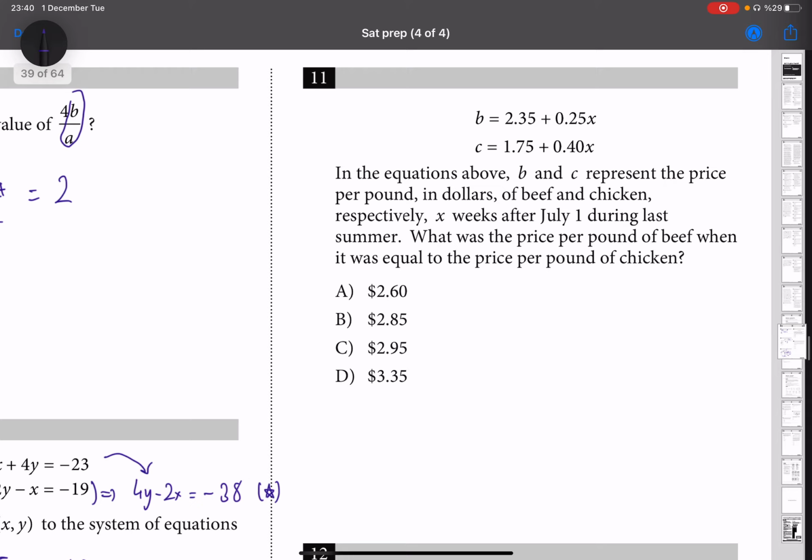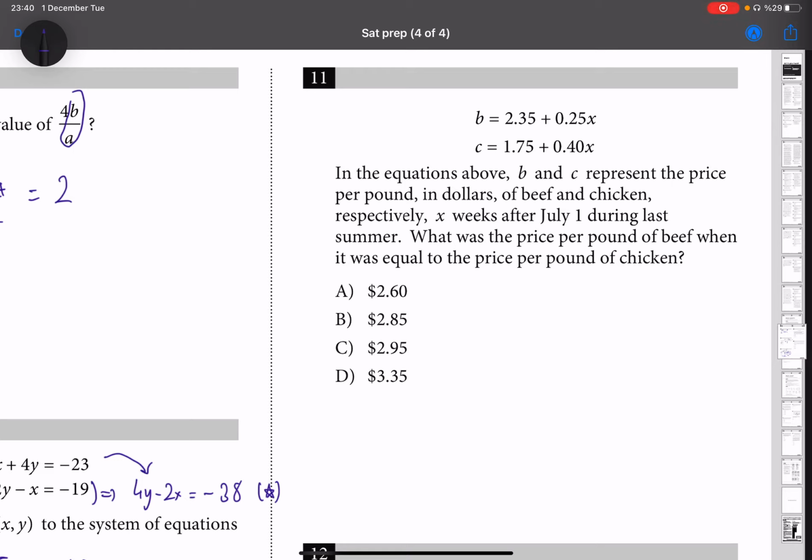Next question. In the equations above, B and C represent the price per pound in dollars of beef and chicken, respectively, x weeks after July 1 during last summer. What was the price per pound of beef when it was equal to the price per pound of chicken?